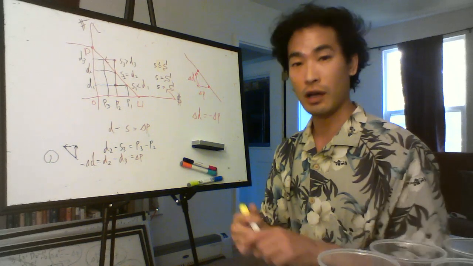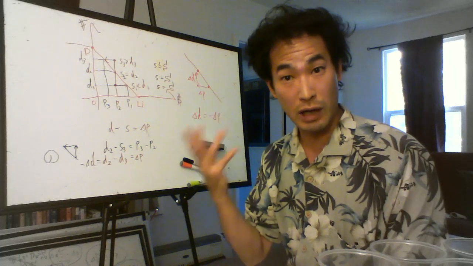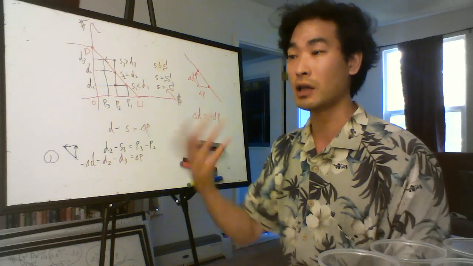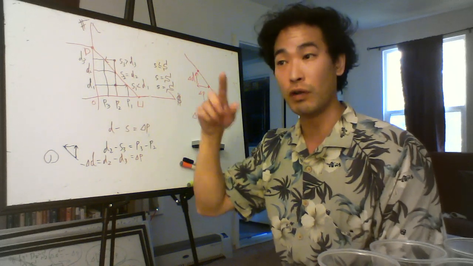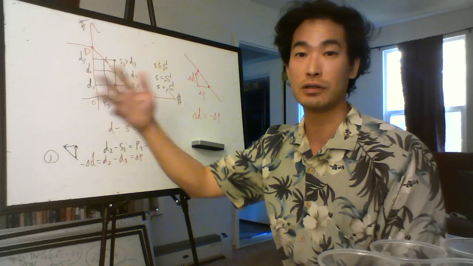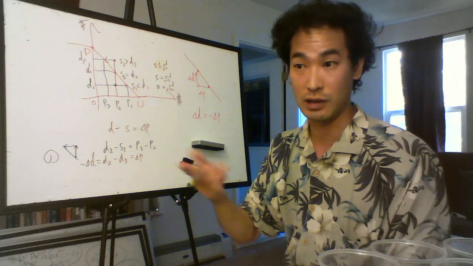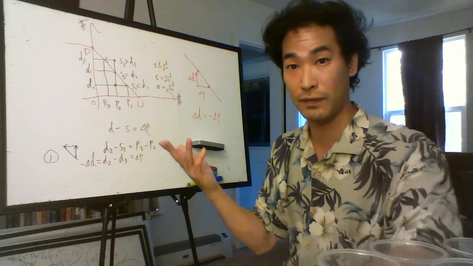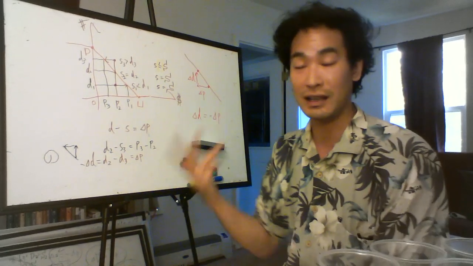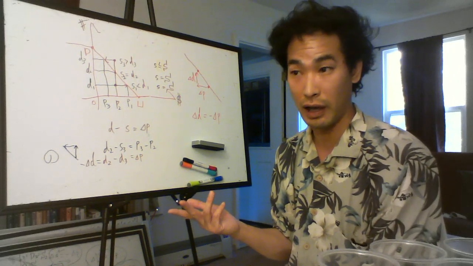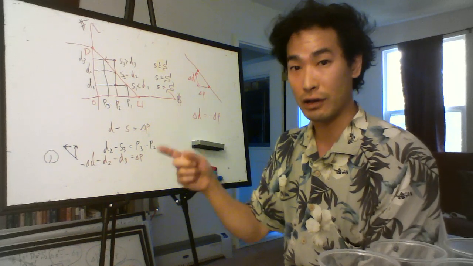Let's say you have a stock, you're a stockholder. Your stock price goes from $10 to $12. What is the difference? 12 minus 10, future minus present. So delta P, stock price change, is plus 2. But if your stock price goes from $10 to $8, then what's the delta P change? 8 minus 10.